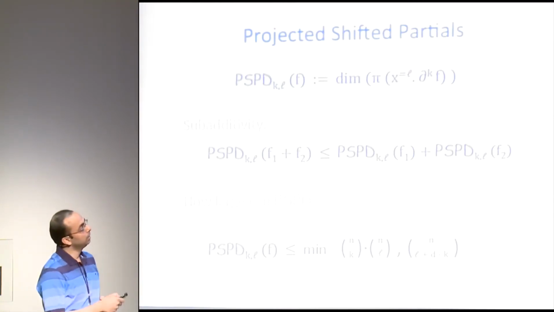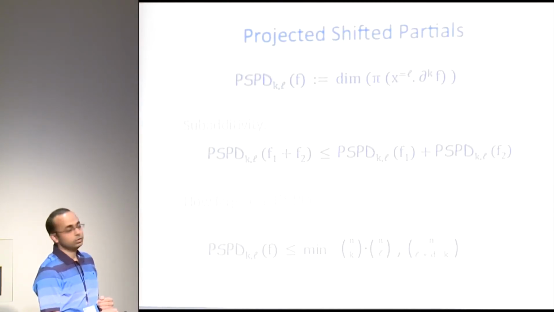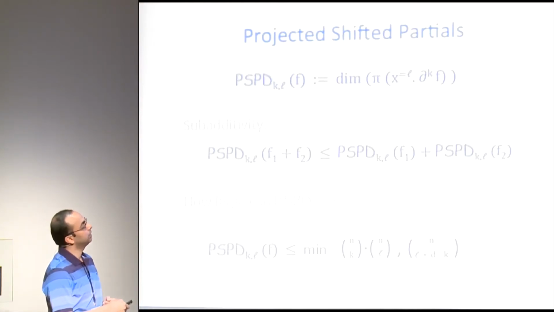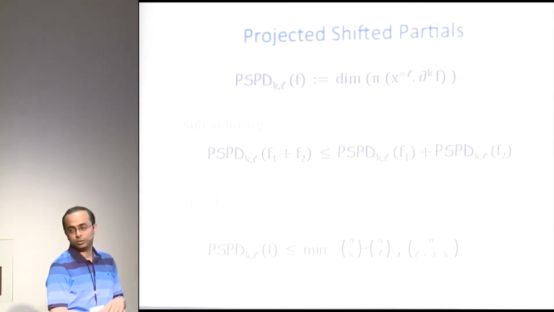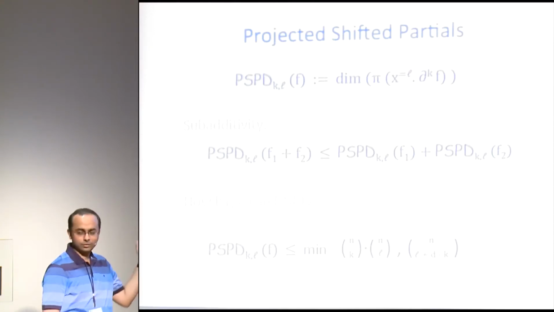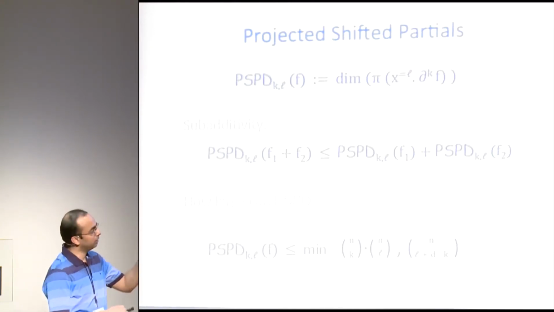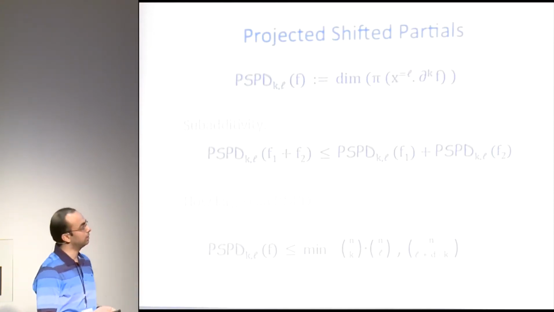If I start with a multilinear f, the degree will drop to d minus k, then it will increase to L plus d minus k. And how many monomials are there? Multilinear monomials in n variables of degree L plus d minus k, these many. So the projected shifted partial derivative of f would be a minimum of these two quantities. Initially we had something else for shifted partial; we have something similar here, but it's changed slightly.